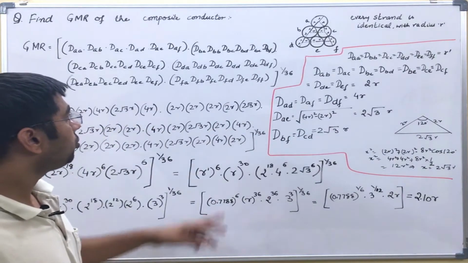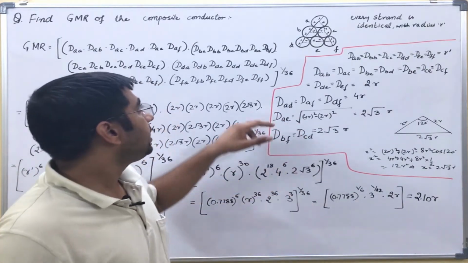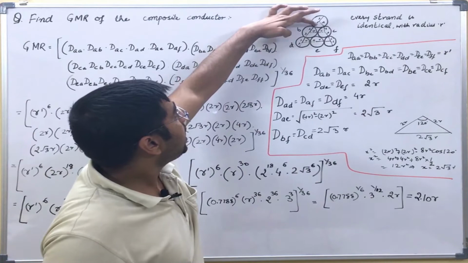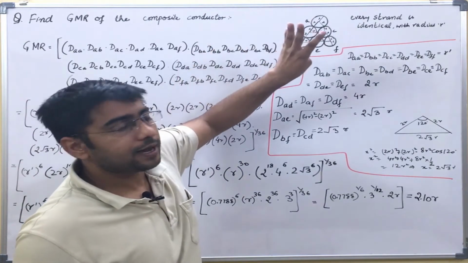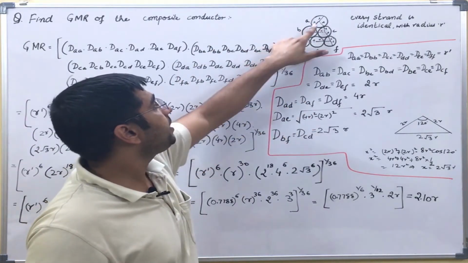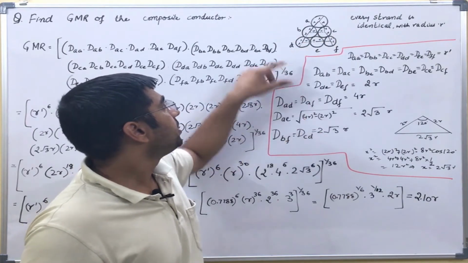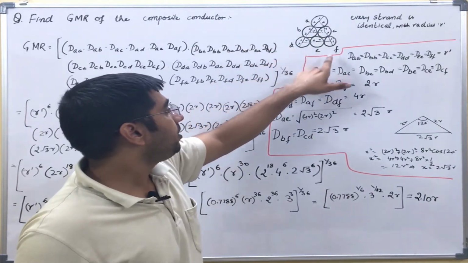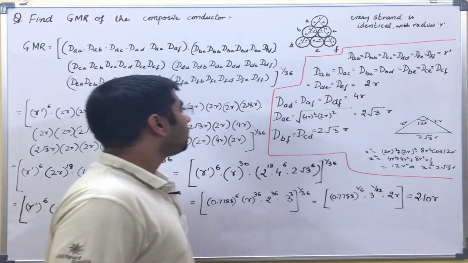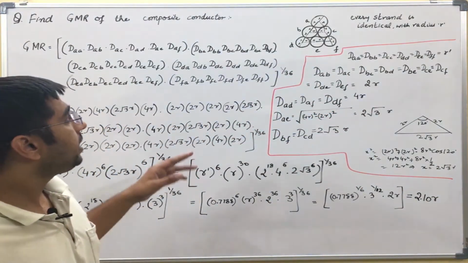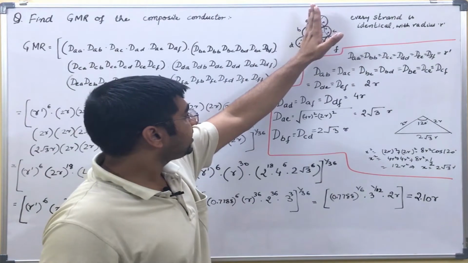Now next come to DAD. DAD will be r plus r plus r plus r, 4r. DAF will also be 4r. Similarly, DDF will be 4r. Now next come to DAE. This is a single term.